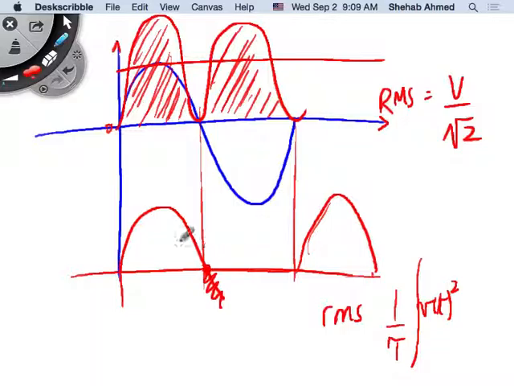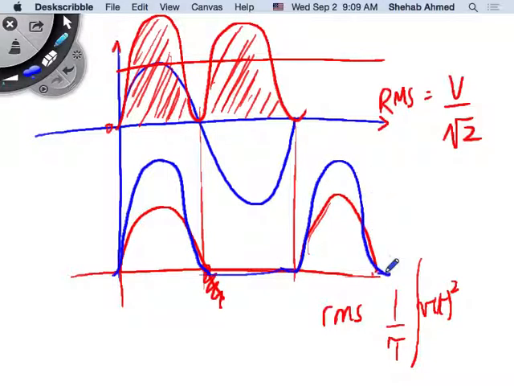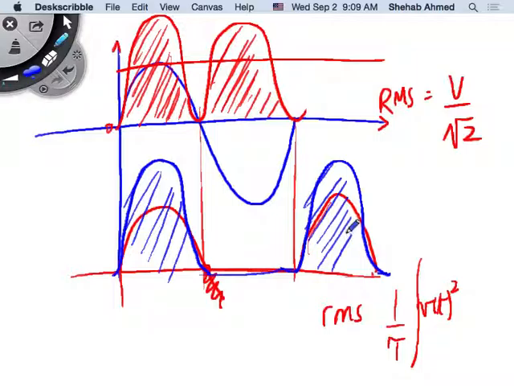Correct? So now what did I do? If I square this waveform, same thing, I get this, and then 0, and then this, right? So what happened to my area under the squared signal? It's halved, right?